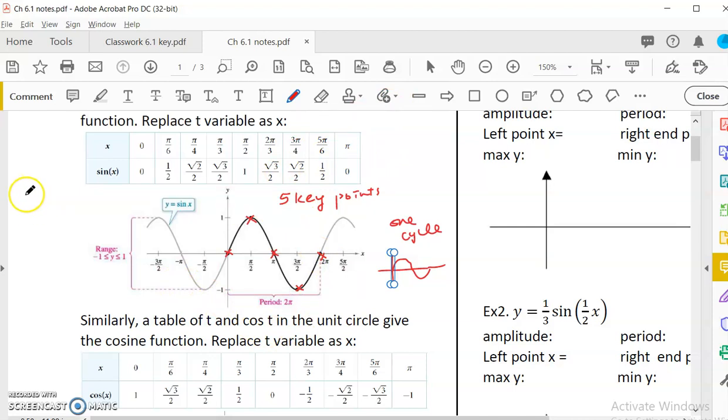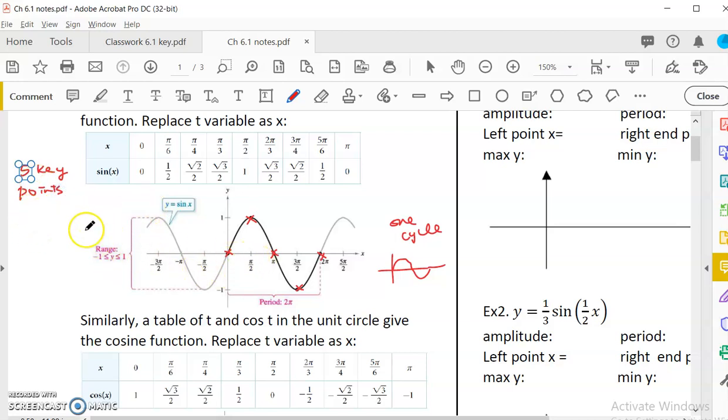Maybe I'll erase it over here and write on the other side. Because if you write the 5 key points, you can actually graph it. In order to graph it, we should have the 0 to 2 pi cut into four quarters, just like in the unit circle, you have 4 quarters.